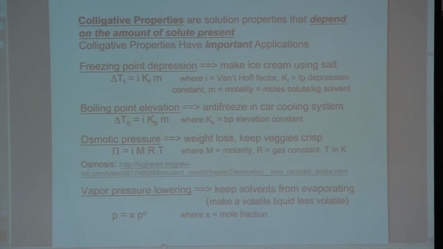So you may want to have that page marked just in case you have to look up, say, Kf or Kb for one of those solvents, in case you're asked a question on the exam to, for example, calculate the freezing point of this solution or boiling point of that solution. Page 450, table 13.2.